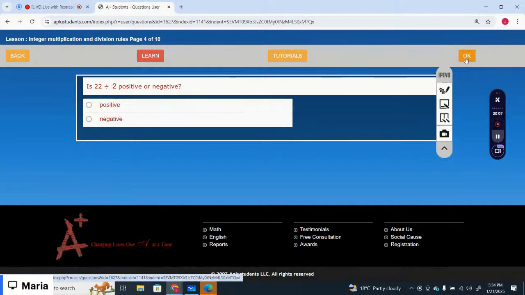Is 22 divided by negative 2 positive or negative? Negative it is. The correct option is negative.